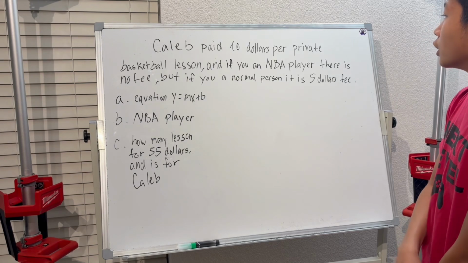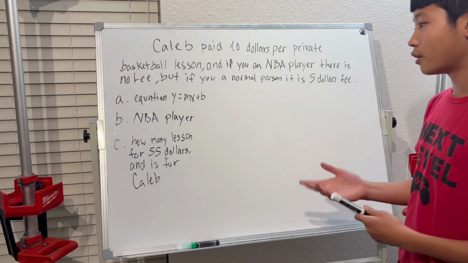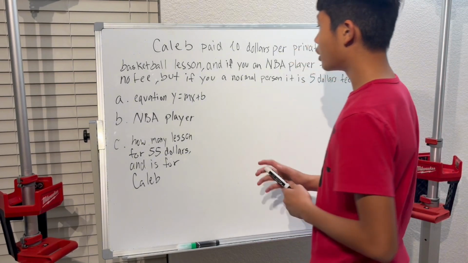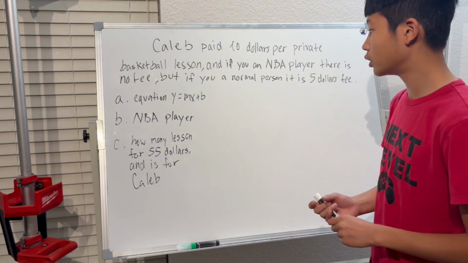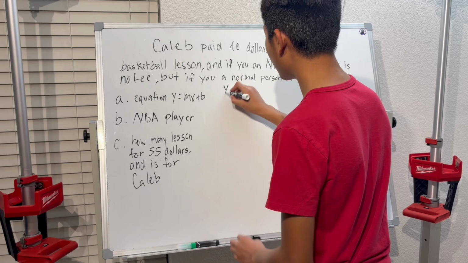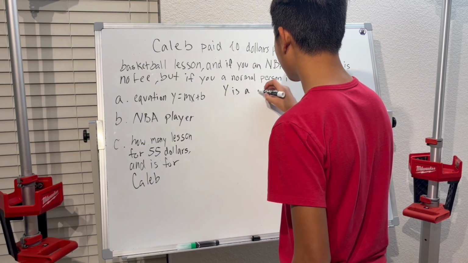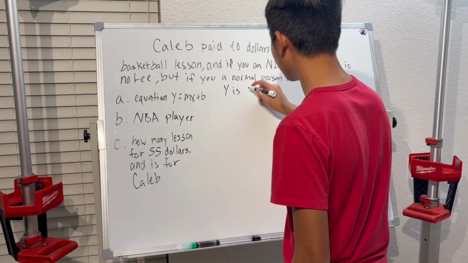Okay. So how do you write it? So part A, y. So y is the total cost. So you got to break this down. Y is the total cost.